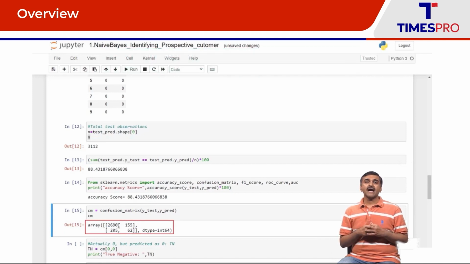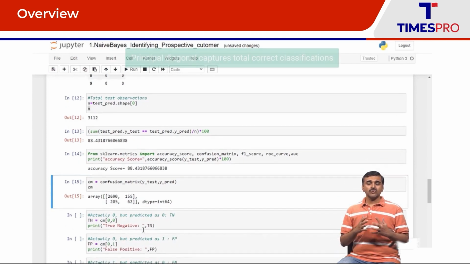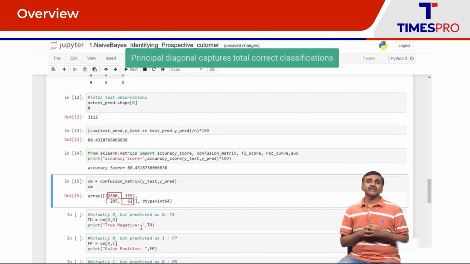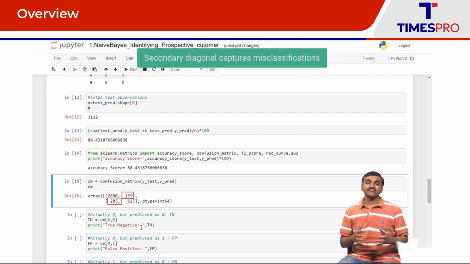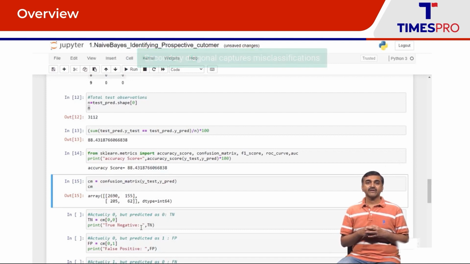Across the rows are the actual values of class 0 and class 1, and across the columns are the predicted values for class 0 and class 1. So the principal diagonal of the confusion matrix captures my total correct classifications, and the secondary diagonal captures the misclassifications of the predictions.